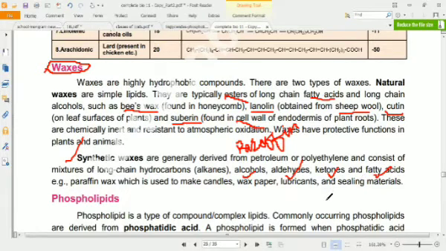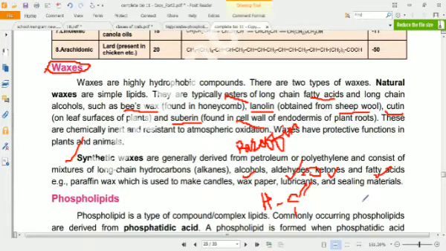Collectively, as a mixture, they are present in them. Aldehydes and ketones we have discussed before in carbohydrates, with the carbonyl group C double bond O. If on one side H is present, then on the other side a long chain of carbon is present.